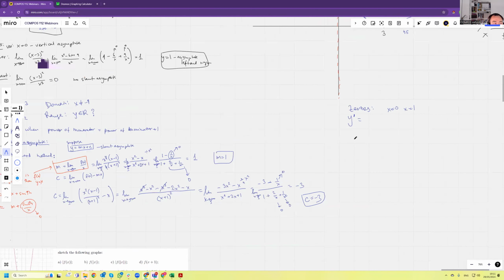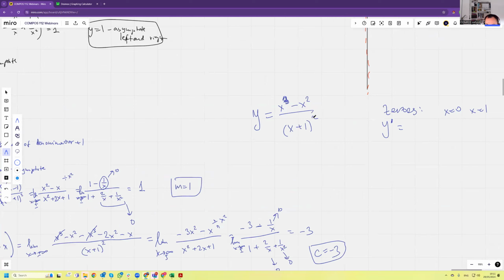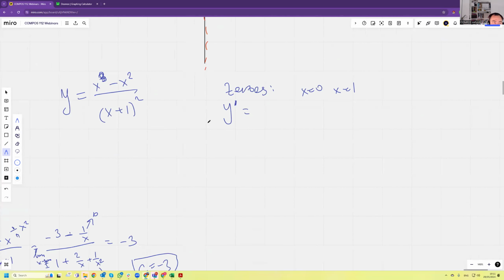Should I just write it down here? x squared, I'm going to expand it. So it's going to be x cubed minus x squared divided by x plus 1 squared. Not that it makes life much easier.